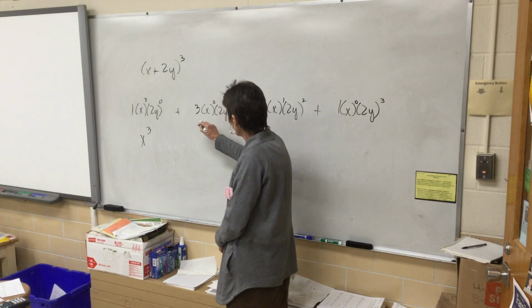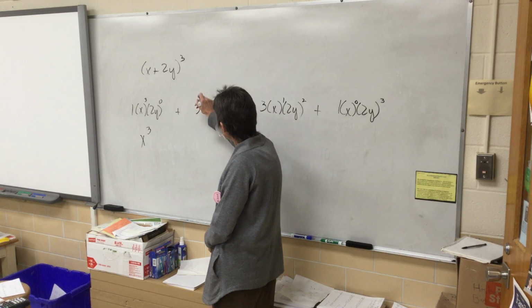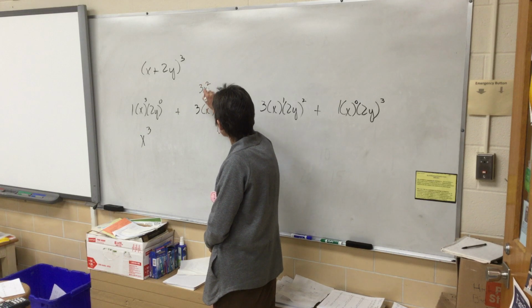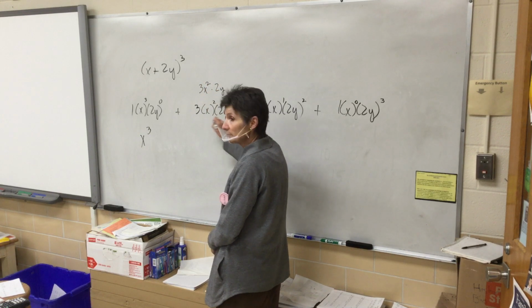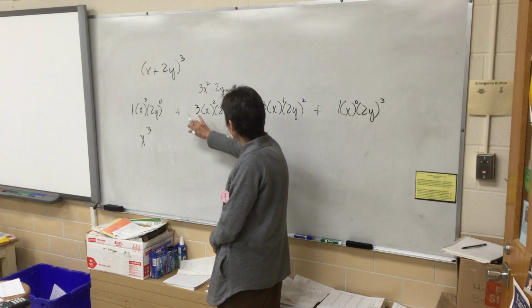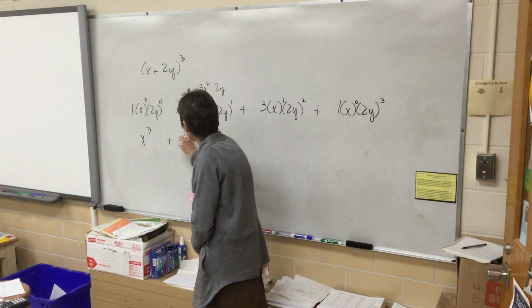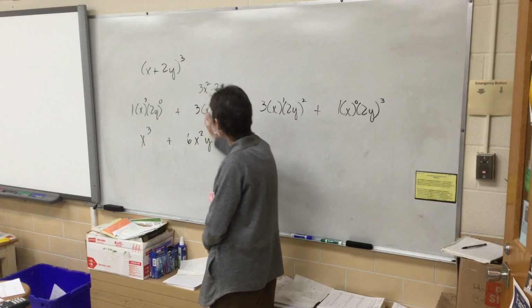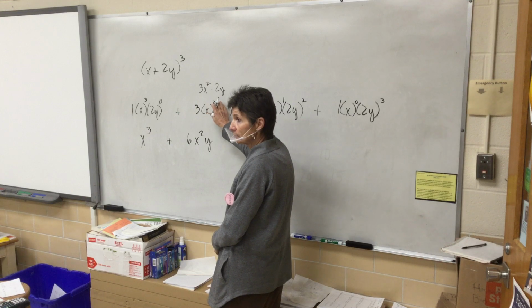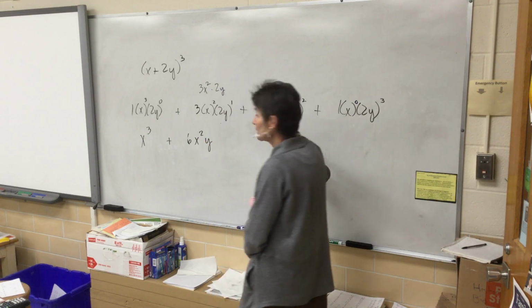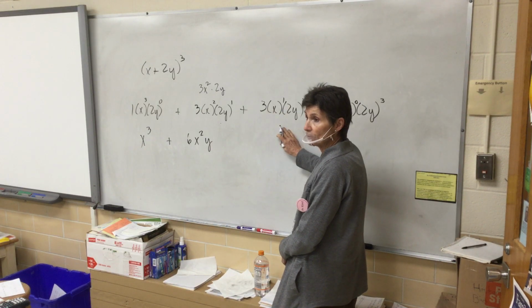But now here, we have a 3x squared times a 2y. So that's going to be 6x squared y. Now this is where it really starts getting tricky if you're not careful. It's not tricky, you just have to pay attention.